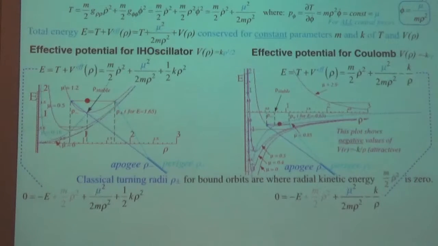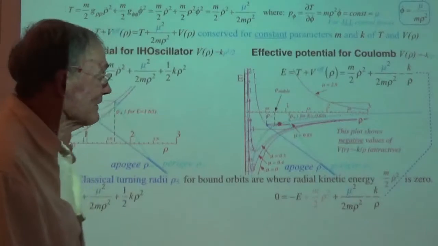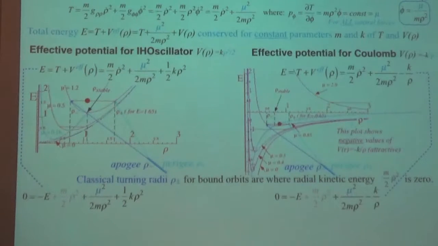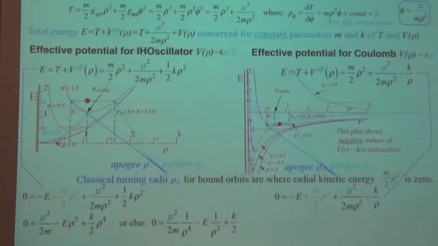Now we got to solve the quadratic equation, and that's true for both of these things. Here the solutions have some things that are really in common, and they have some mysterious things that are in common that I'll try to point out. But we're just cleaning up the equation here. We have a rho to the fourth, and we have a rho squared, and we have a constant. So this is a quadratic equation in rho squared, or 1 over rho squared, and that's what you want to look at.